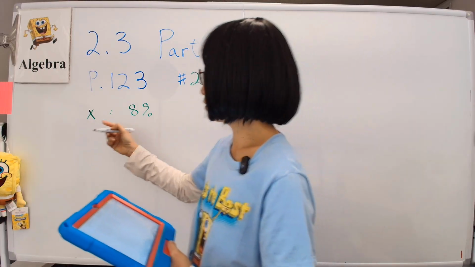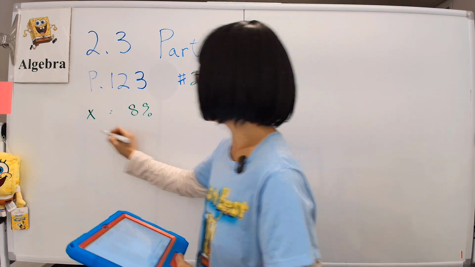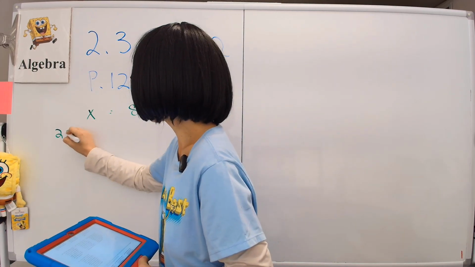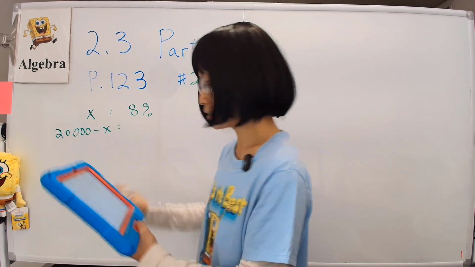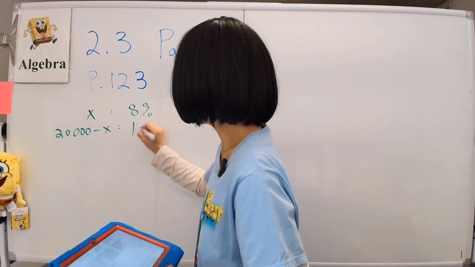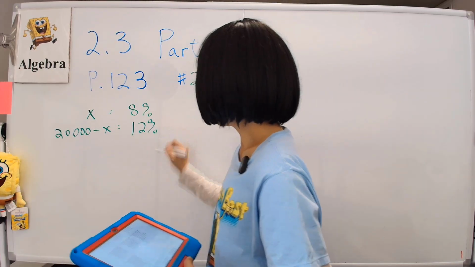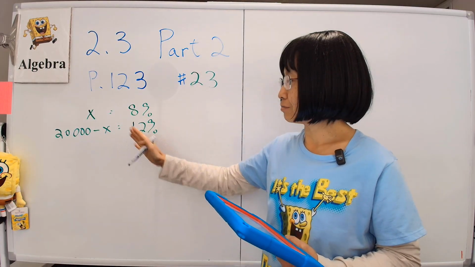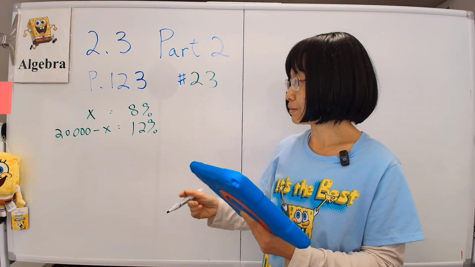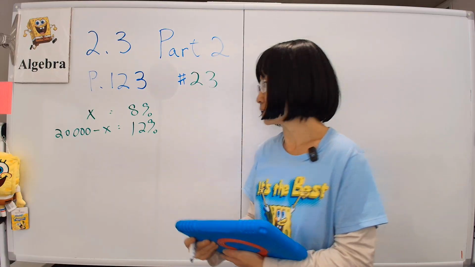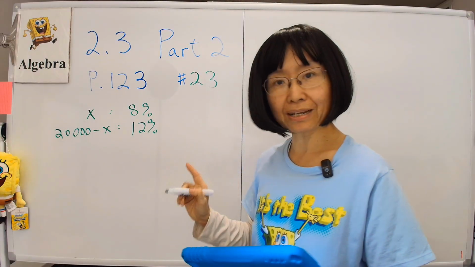And then the rest of the money, which is $20,000 minus X, will be invested at the other rate, which is 12%. Okay, and then together, when we multiply these together and add up, it should be like 11%. So our goal is to become 11%.